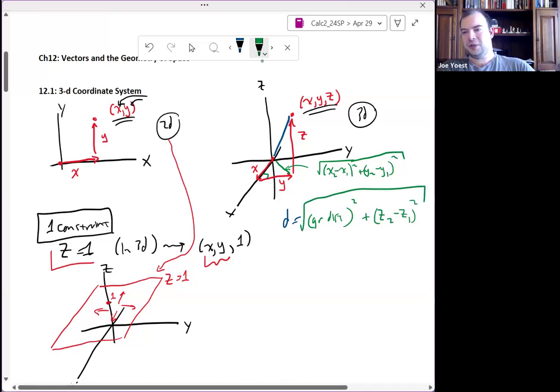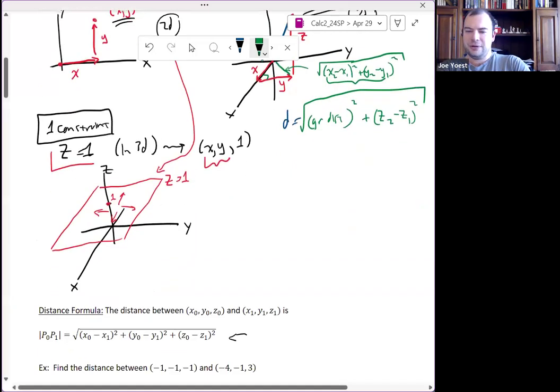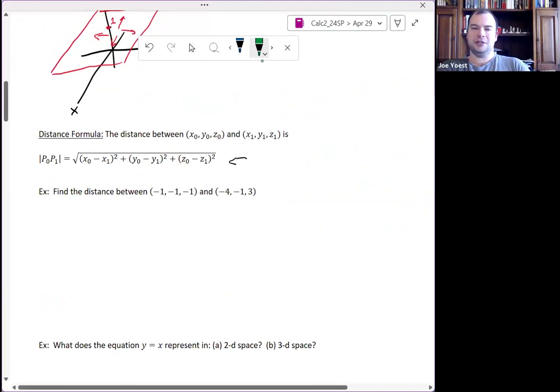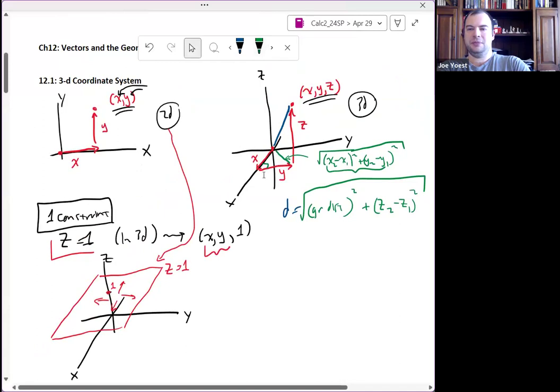The green distance squared is just those 2 squares. So I just get rid of the square root, tack on the z's, put the square root back on. Completely analogous to the 2D version because we're just applying good old Pythagorean theorem twice in succession.